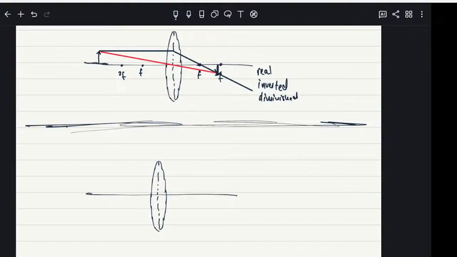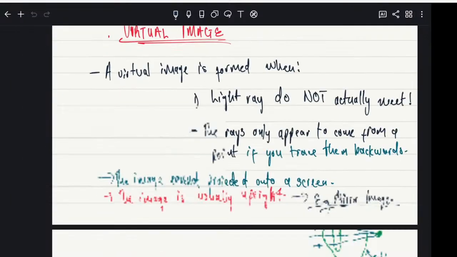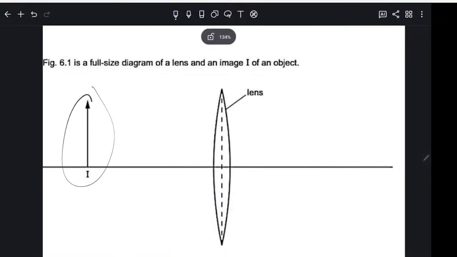So, how can you tell me that if this is the image, it's real? How can you say that? All the real images were this side and they were inverted. So how can this fake, I'm saying it so that you get it, how can this virtual image be considered real?